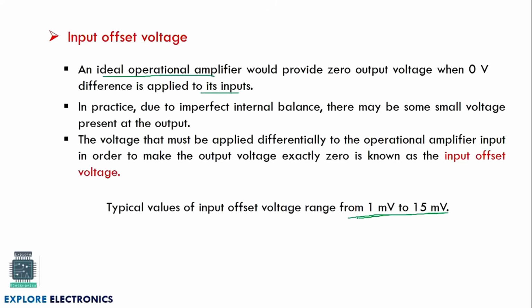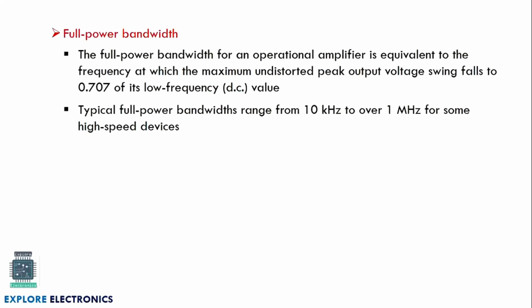Then full power bandwidth. As you know, bandwidth in the sense the range of frequencies an amplifier can amplify. That is bandwidth. The range from a lower frequency to an upper frequency of signals an op-amp can amplify without any distortion is called the full power bandwidth.